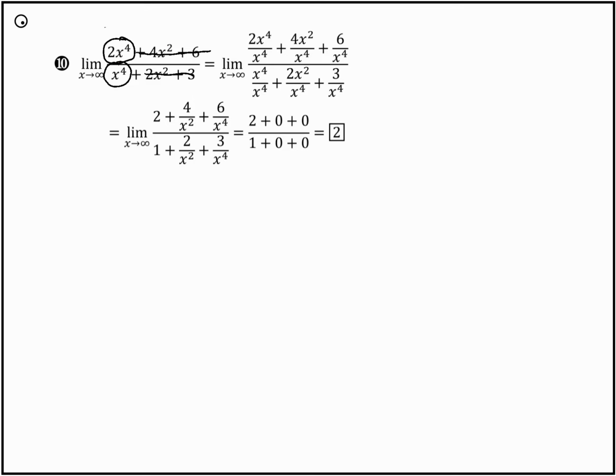So you're going to have 2x to the 4th over x to the 4th. Now, simplify this. You can cancel out these two, and you just get 2. Because infinity to the 4th power over infinity to the 4th power is the same thing. Infinity over infinity is 1. So you're just going to have 2. So this equation, as it approaches infinity, is going to go towards 2.